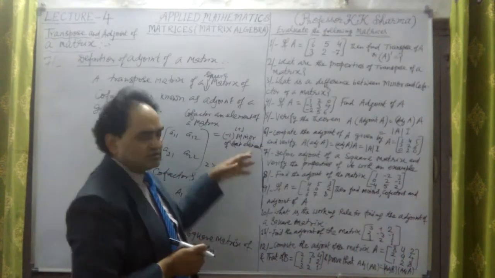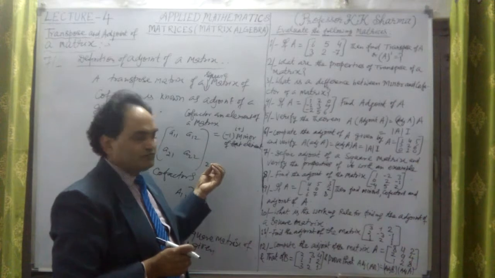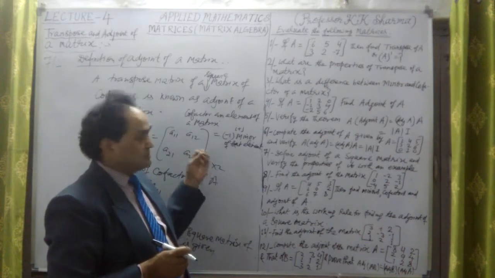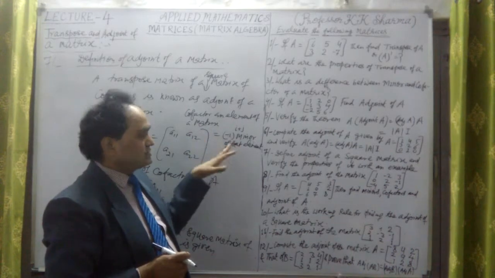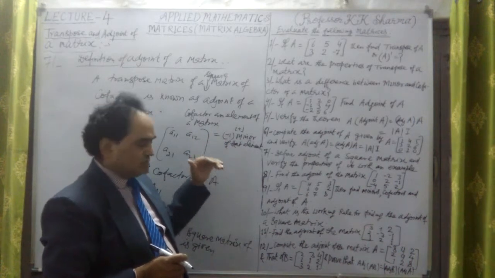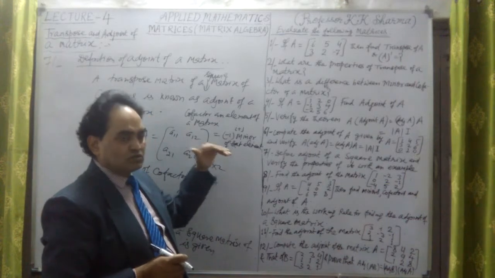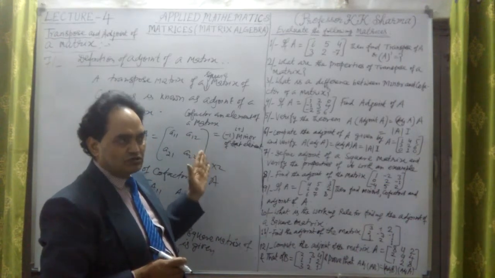Minor we have defined as the determinant value after removing the row and column in which that element lies.